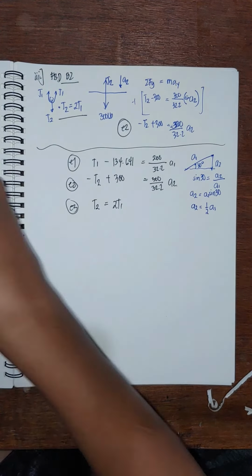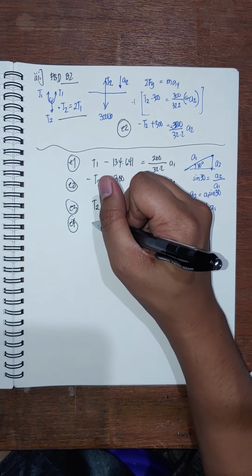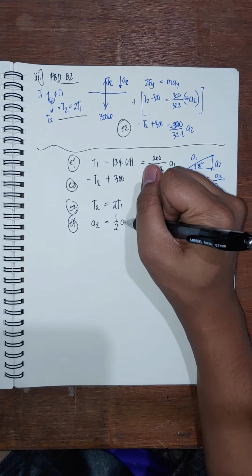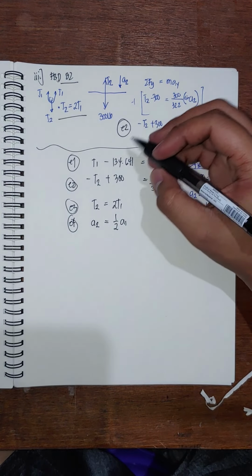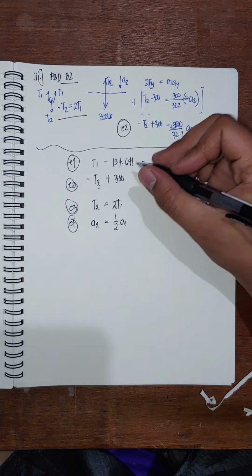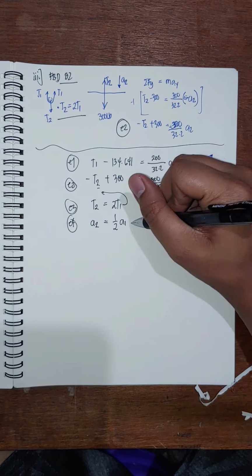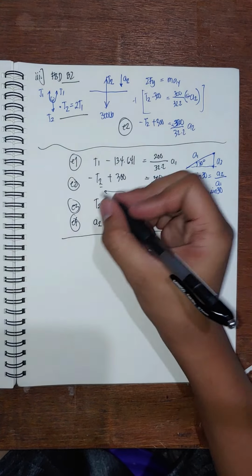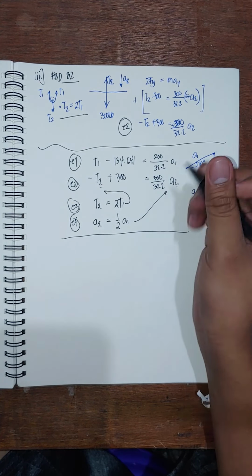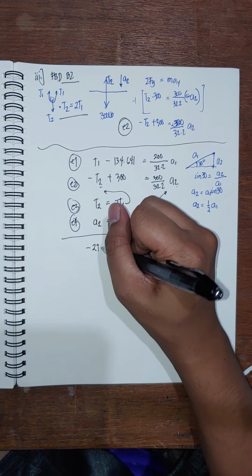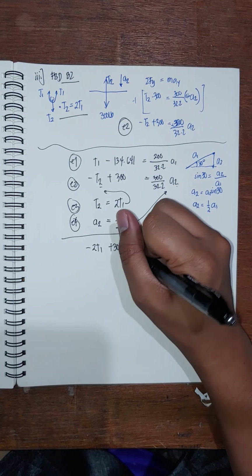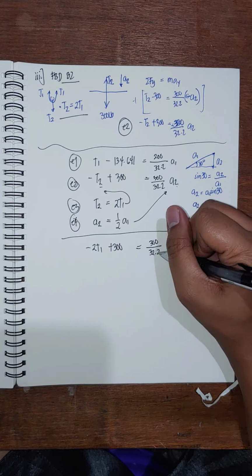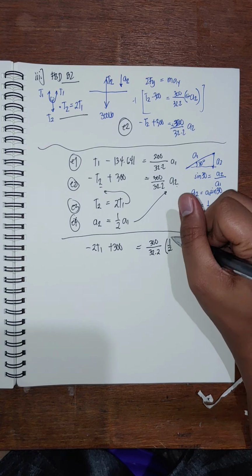So this will be our equation 4: acceleration 2 is equal to 1/2 A1. I would like to get rid of T2 and A2 by substituting these equations here. So our new equation 2 becomes negative 2T1 plus 300 is equal to 300 over 32.2 times 1/2 A1.